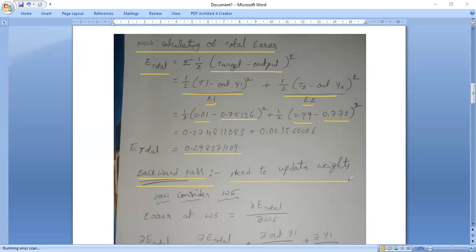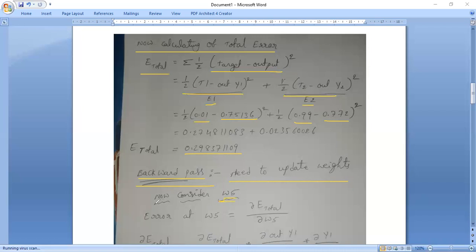Then you check again using the same process we have discussed till now. For the backward pass, we take the first edge, with a weight of W5. This is one of the edge weights of the network.